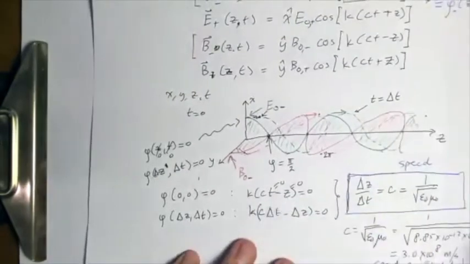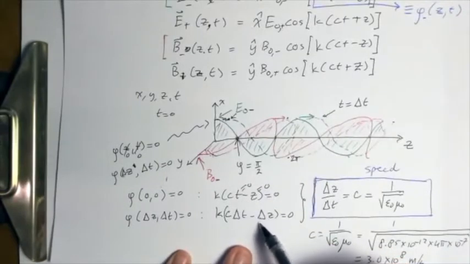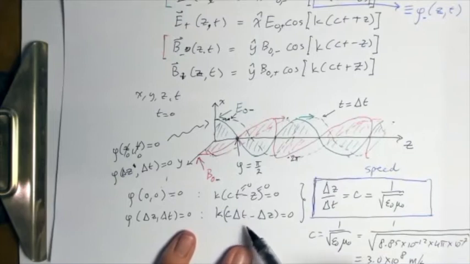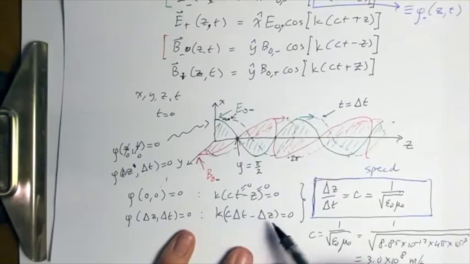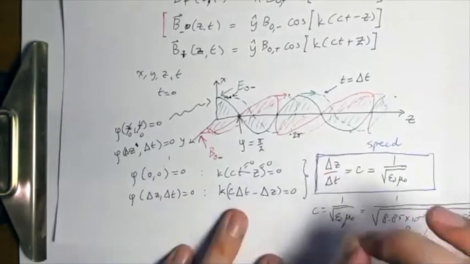Mathematically, it's easy to see that a minus sign here means a positive speed, because this still needs to be 0. In other words, if this is positive and that is positive, that's the only way it can be 0. Put another way, for any phase you want to track as a function of time, when the time goes up, the position needs to go up in a commensurate manner, given by c times delta t, to make sure we're still talking about the same phase. So the minus sign here means it's moving in the plus direction.